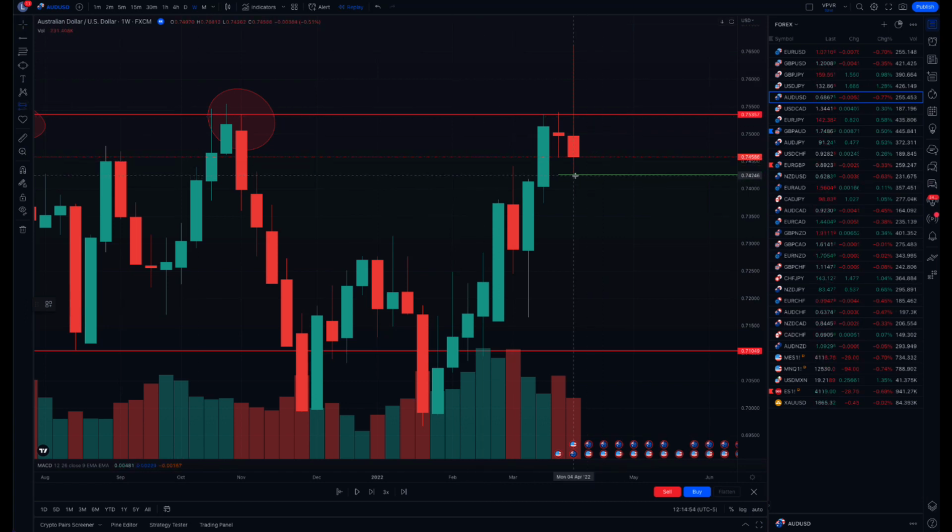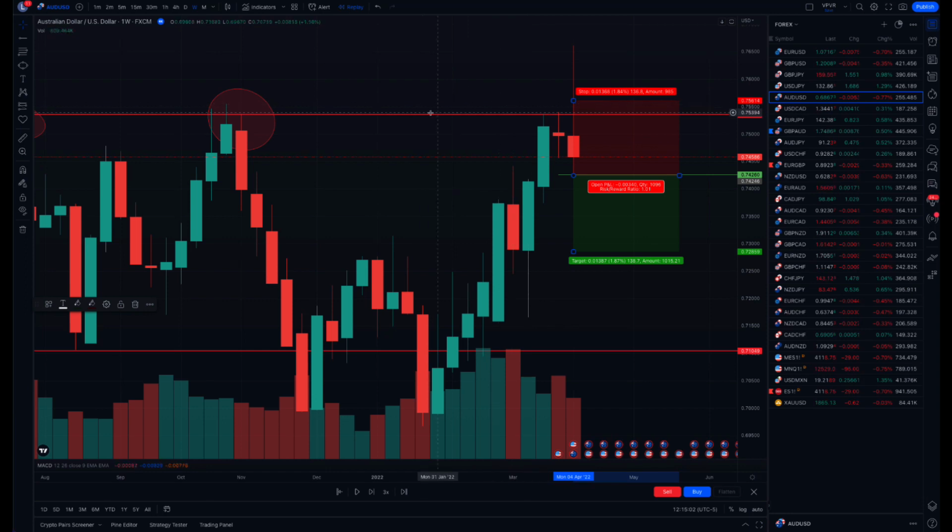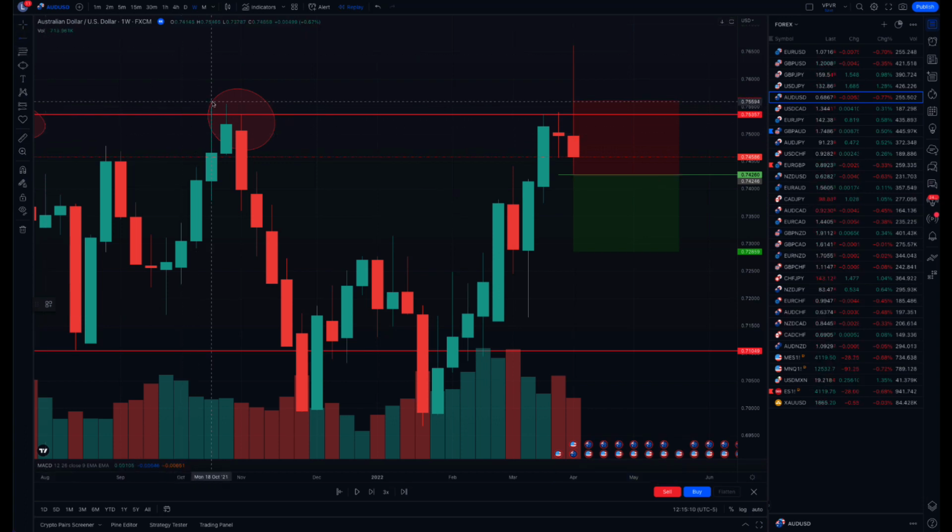If you want, you can go all the way here, but that's a lot. What I would do is just use this higher high here as a reference, and put our stop somewhere around here. So that will be my stop. We don't have this entire swing that is huge, is massive.